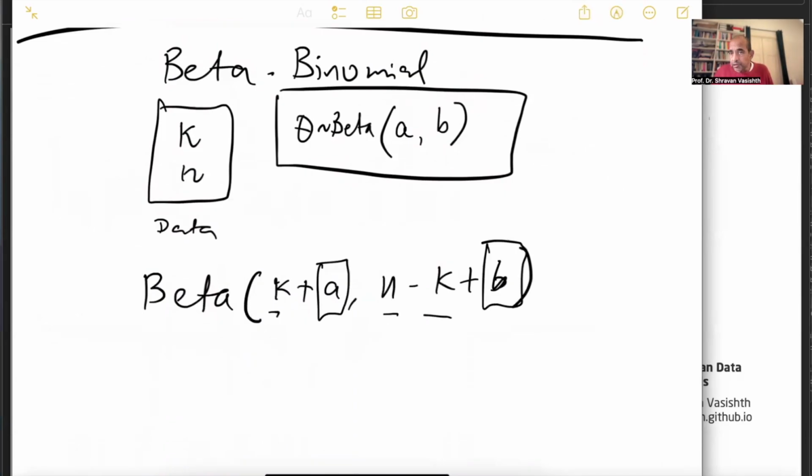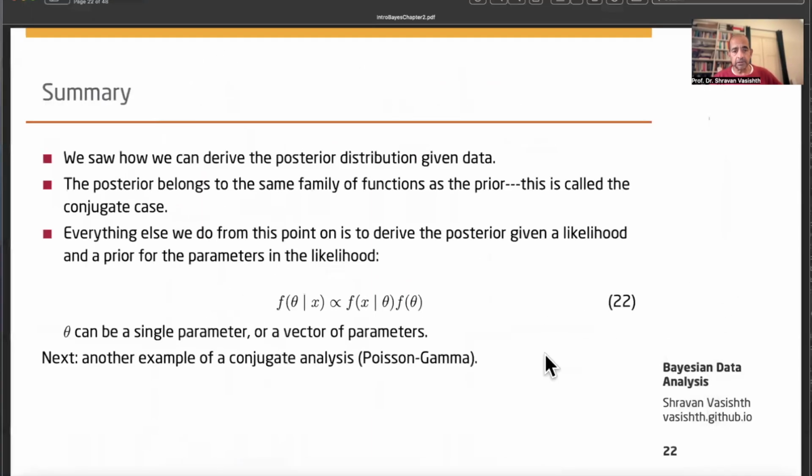So no computing required. You can literally do this by hand. So it's a very useful and instructive example that gives us a good understanding of what happens when we multiply a likelihood with a prior to get a posterior distribution.